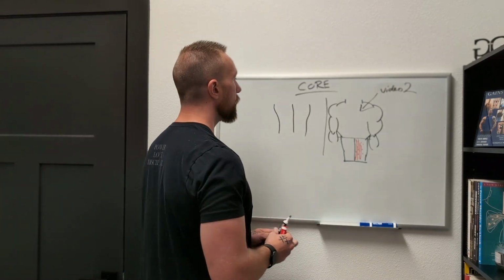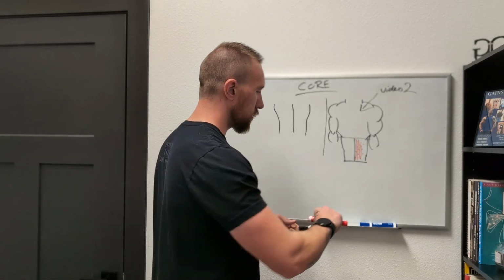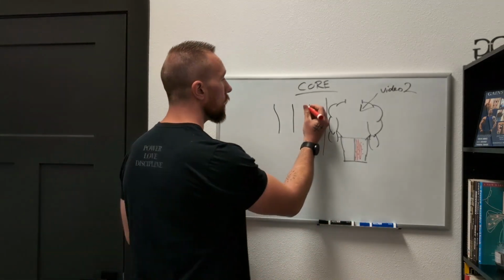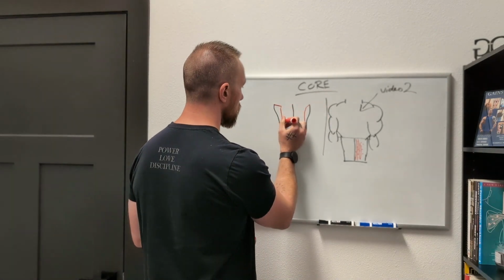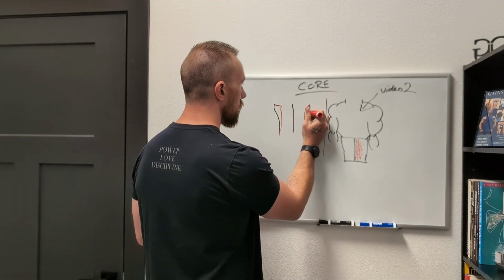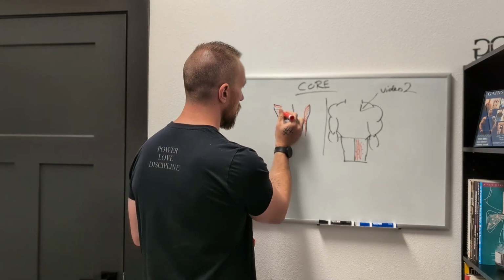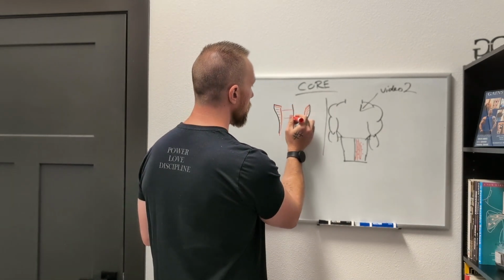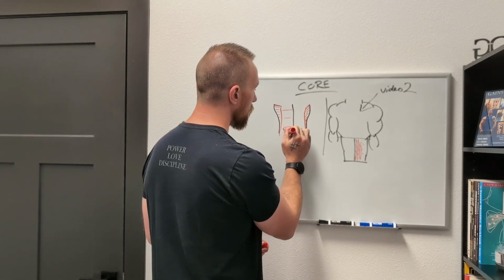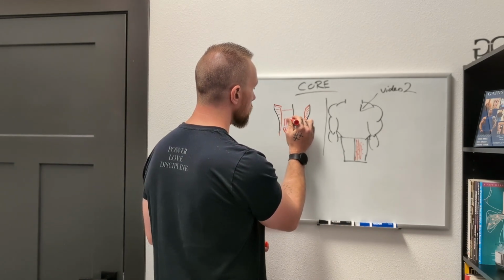Secondarily, we have the anterior core muscles. Here we have the obliques on the side, as well as what we would consider the six-pack, or the rectus abdominis.